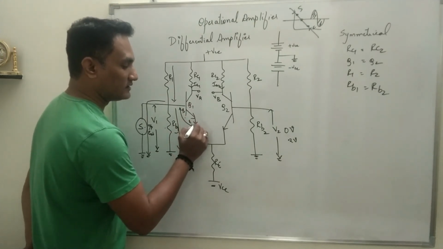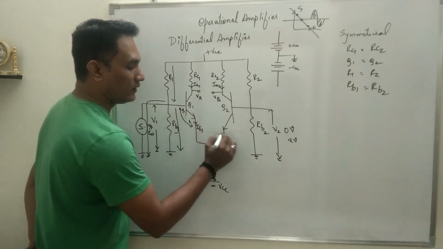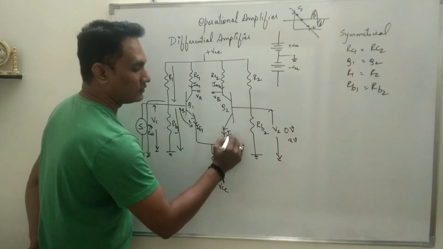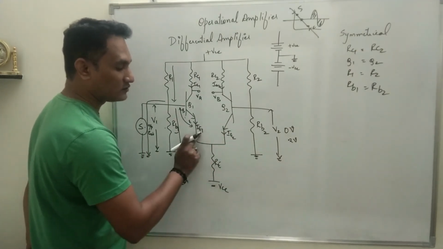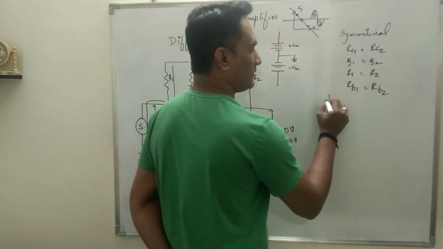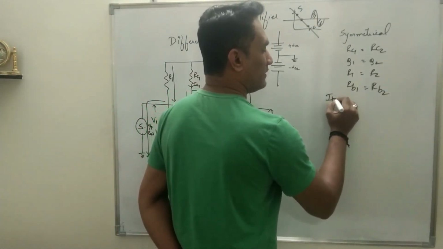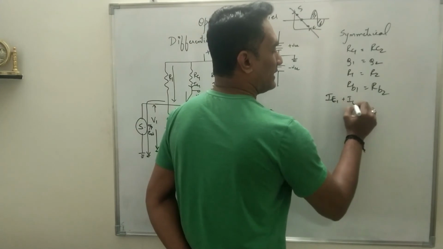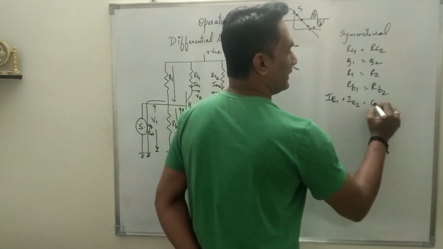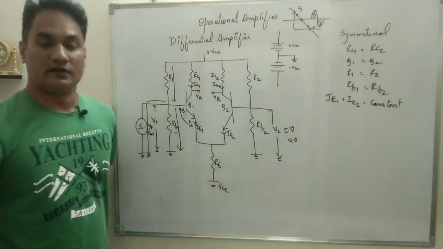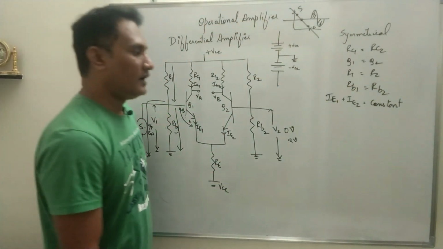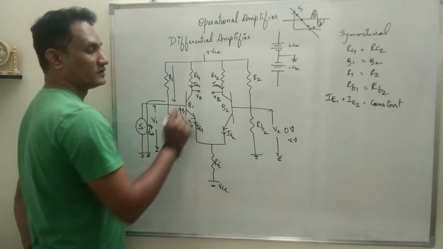For Q1 this is the emitter current IE1, and for Q2 the emitter current IE2. As minus VCC acts as a constant current source, IE1 plus IE2 should always remain constant.